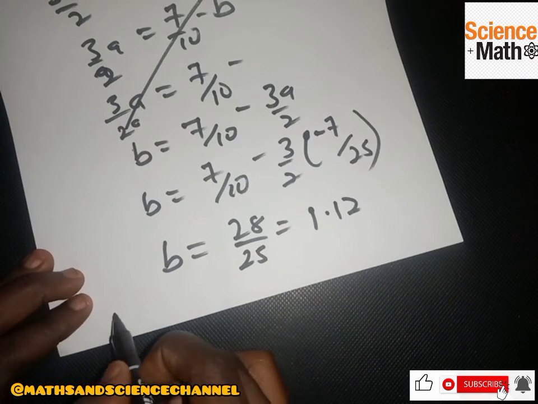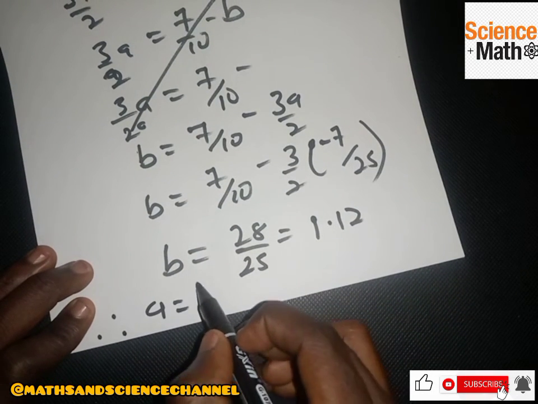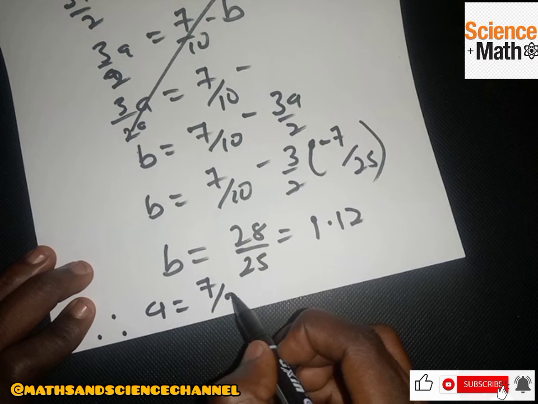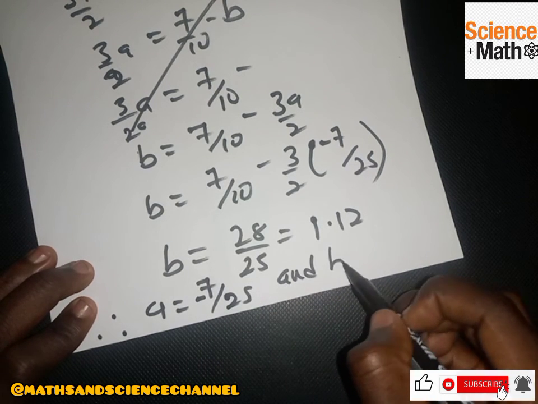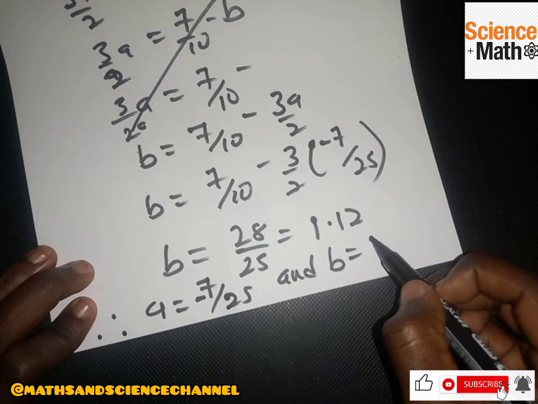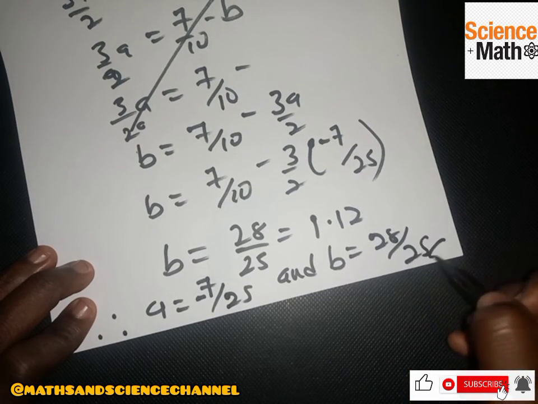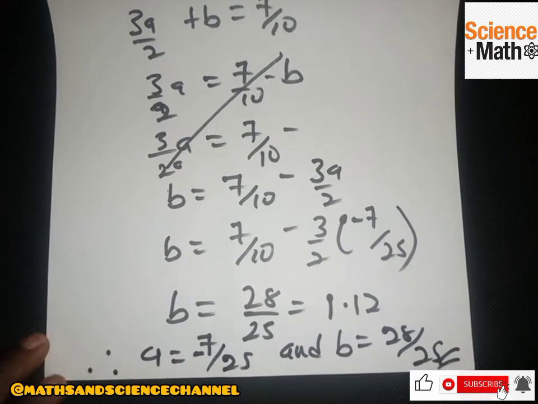So therefore we can conclude that a is just negative 7 over 25, and b is just equal to 28 over 25, and these will be the possible values of a and b.